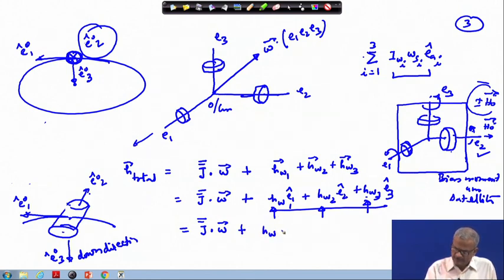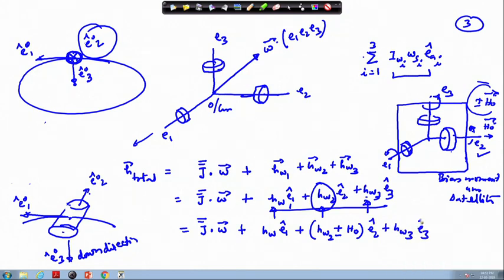So, H w times E 1 cap. This part, instead of writing it like this, is often written as H w 2, and if you have the bias momentum, accordingly H 0, E 2 cap plus H w 3 times E 3 cap. You can see that I have put plus minus to indicate it depends on in which direction of the E 2 axis your H 0, the bias momentum, is directed.